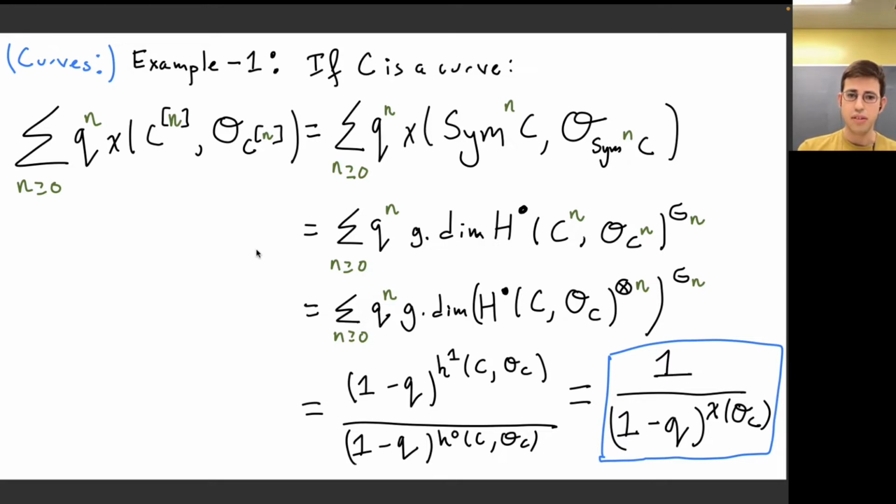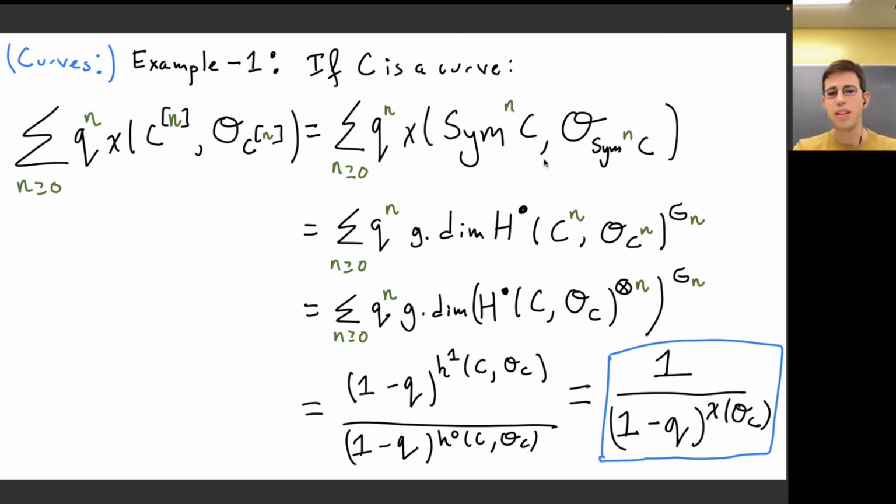And by definition, or almost, the Euler characteristic of the structure sheaf of the symmetric product of a curve is just the Sn invariants of the total cohomology complex of the n-fold power of the curve itself with its structure sheaf.